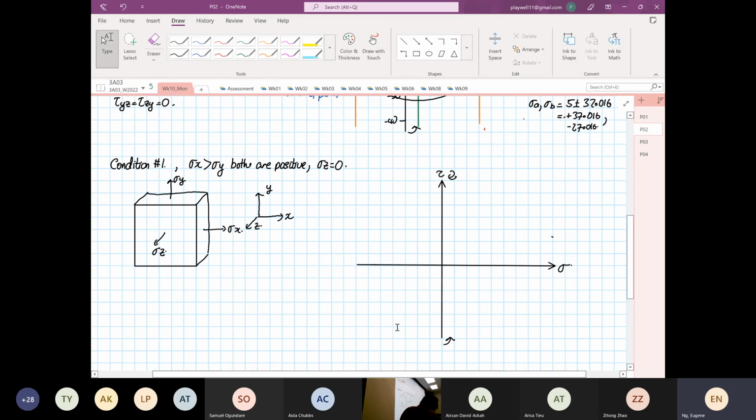On this line we have one line over here and another line over here.